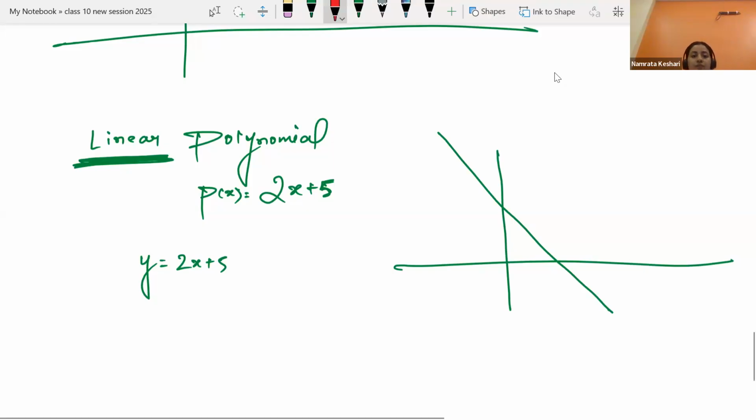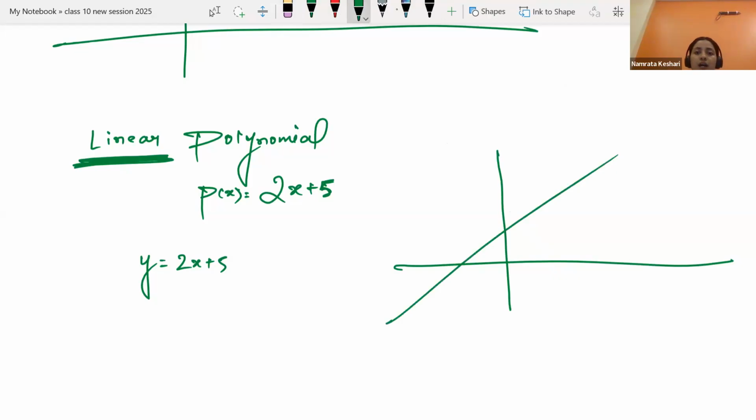Now one more thing, this graph is not appropriate. It will look like this. Now what is the zero of this polynomial?